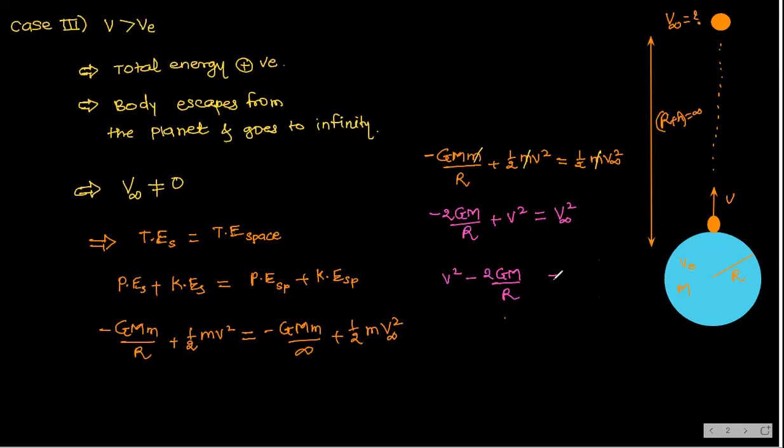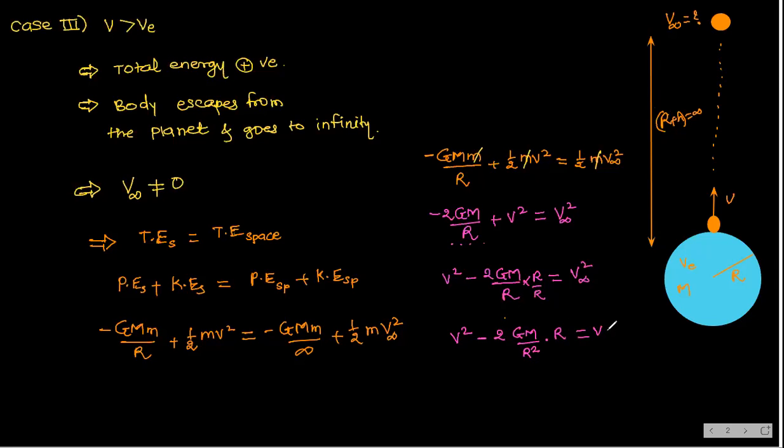No doubt, sir. V infinity square. Now can I multiply and divide by r here for this term? Yes. So v square minus this is 2gm by... what will come? r square into r, right?